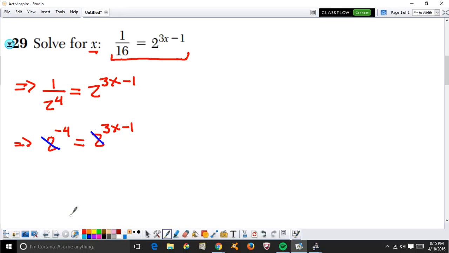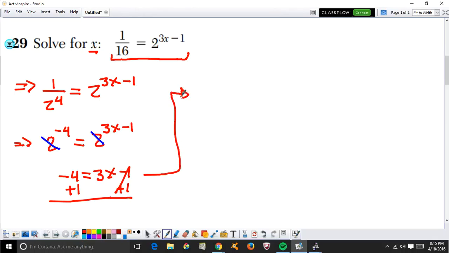So they can eliminate. And now we're working with negative 4 equals 3x minus 1. So now we solve for x. Plus 1, so we have minus 3 equals 3x. Divide by 3, divide by 3. So x is equal to minus 1.